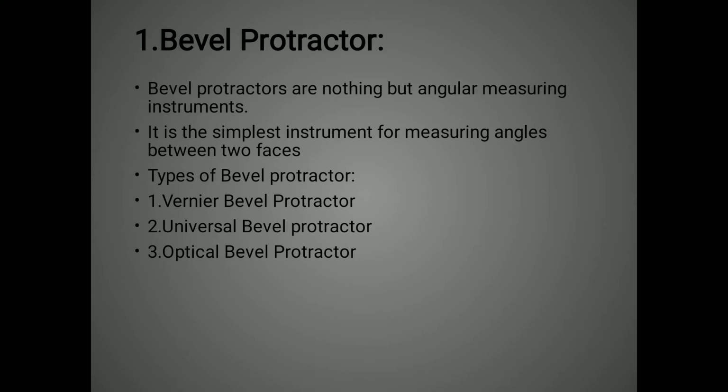So here it is, the bevel protractor. Conventionally, we have seen in our practical sessions and in our day-to-day angle measuring device that we are using the angle protractor, or you can say a half angle protractor, because the one we have used has only a 0 to 180 range from both sides, that is clockwise and anti-clockwise.